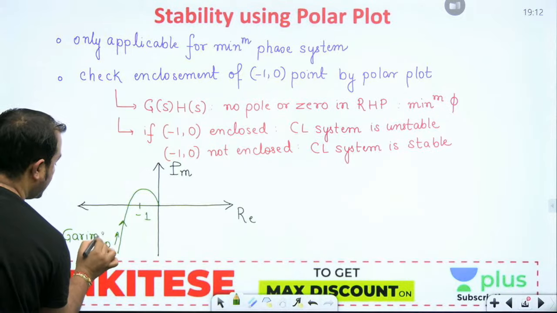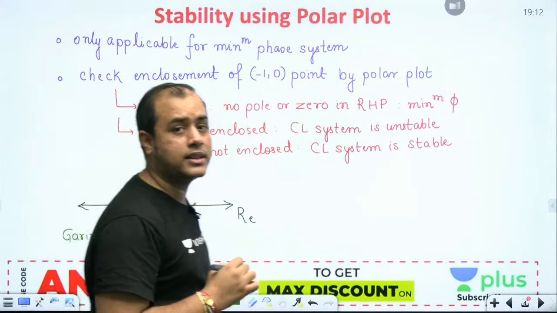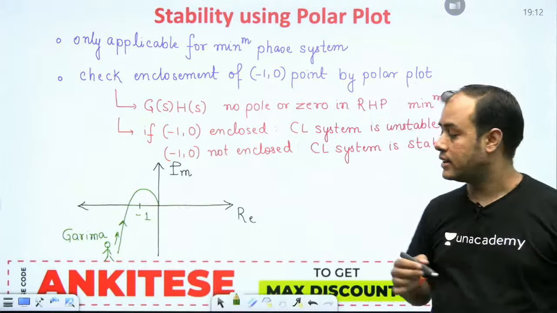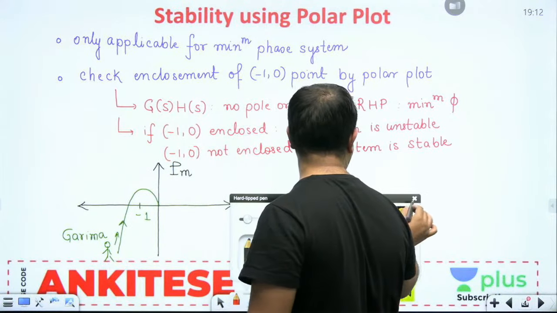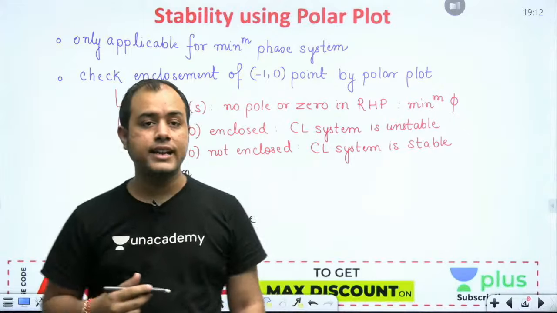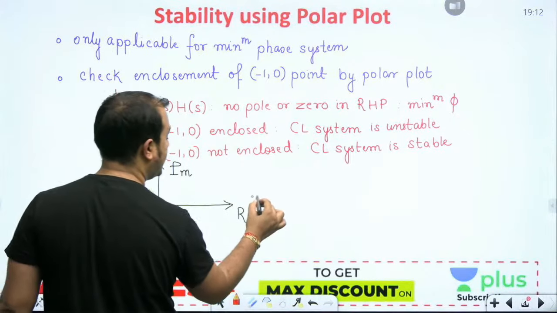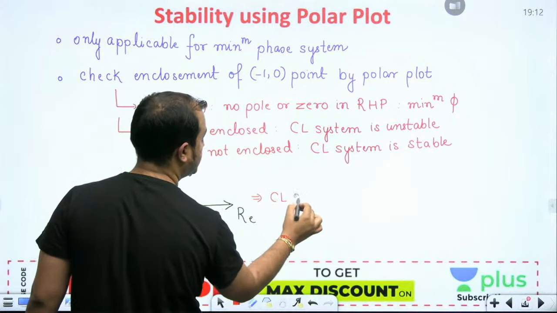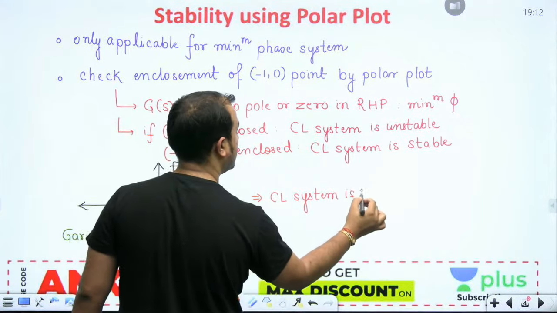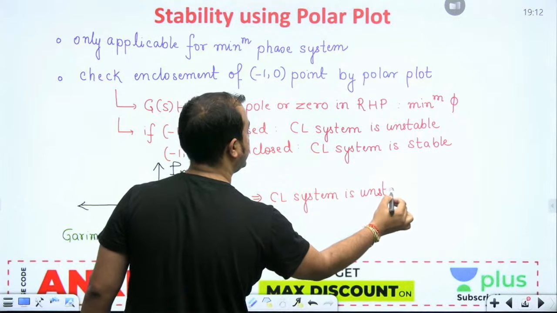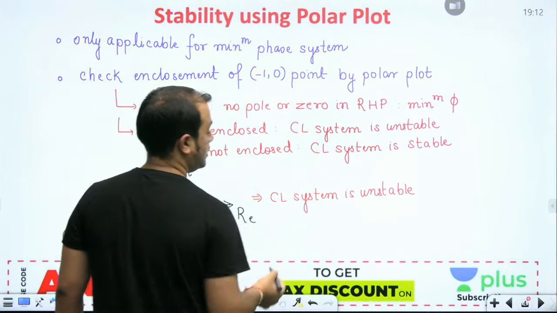Now tell me, whether -1 will lie on the right hand side or not. Yes, it will lie on the right hand side, my dear. If it lies on the right hand side, you can say closed loop system is unstable. Very simple.